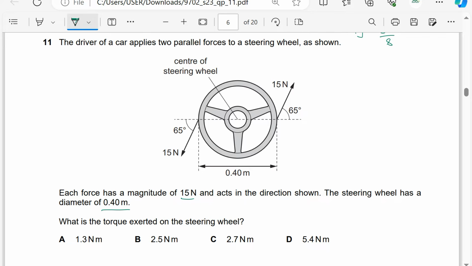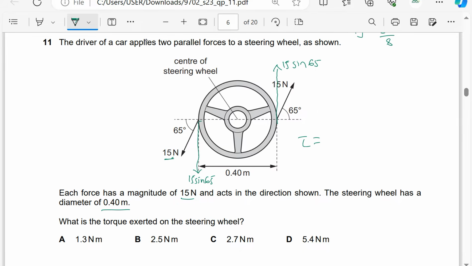The easiest way to do this is to resolve the 15 newtons in this direction, and using 65 degrees this will be 15 sine 65. We shall also resolve this 15 newtons perpendicularly or upwards, and it is still 15 sine 65. Now they constitute a couple whose perpendicular distance is 0.40 meters.